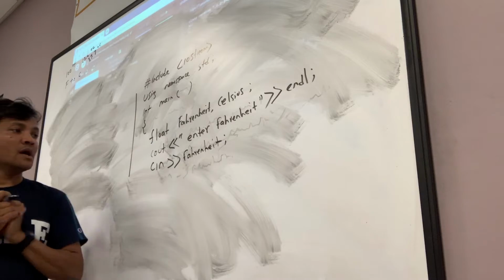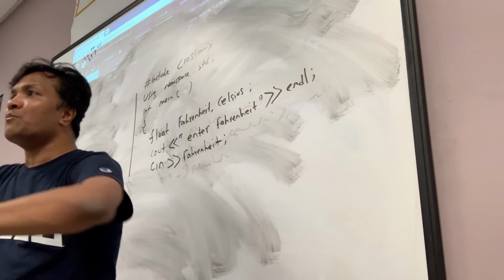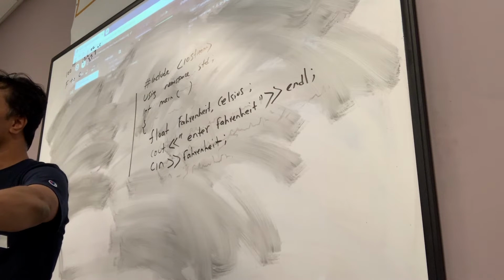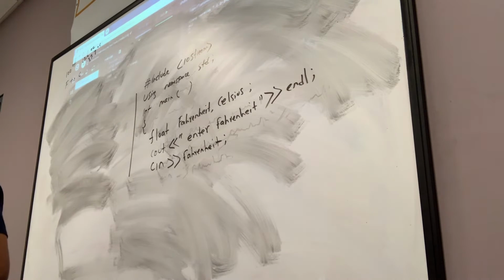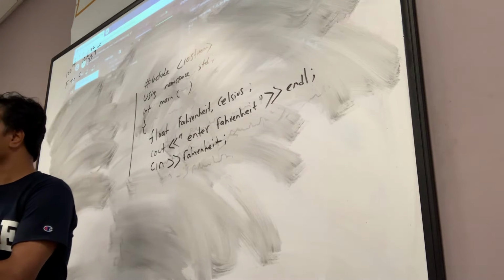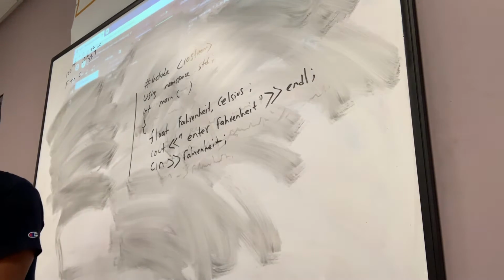After cin, what is the most important piece of code we have to write now? This is not the algorithm, by the way, this is directly code. The formula. Okay, so we have to write the formula. How can we write it?